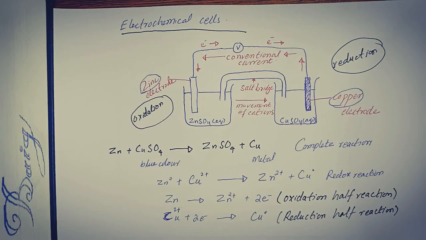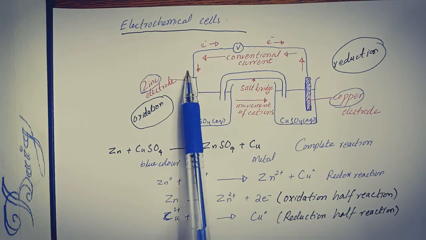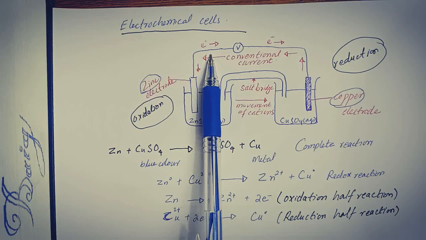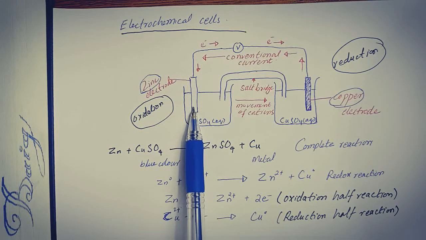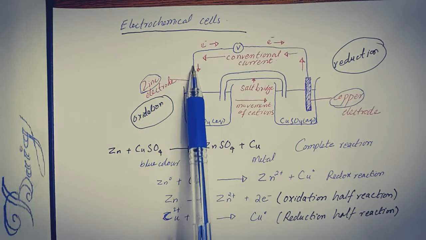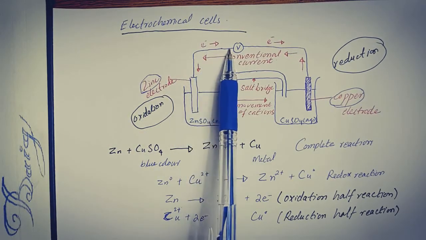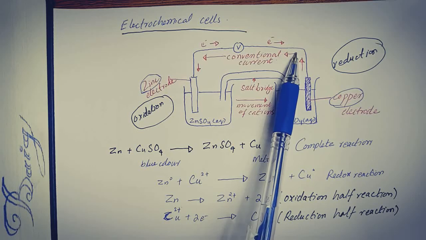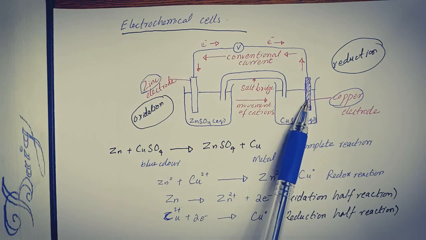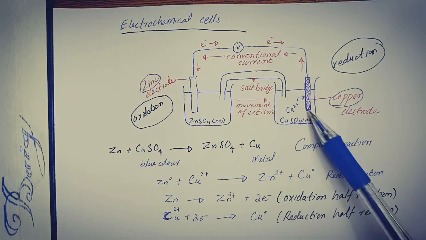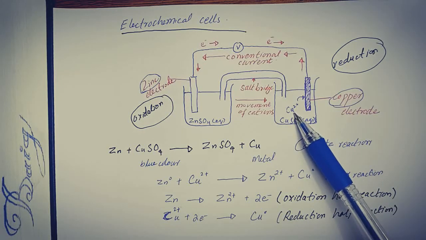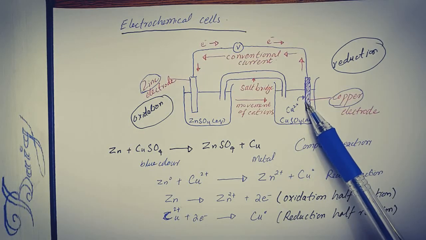In these half reactions, the electrons are being given by the zinc metal into the external circuit, and these electrons travel through the external circuit and then come to the copper, and are taken by the copper rod, at which the copper 2+ ions are reduced.